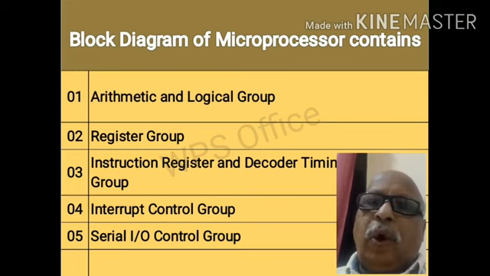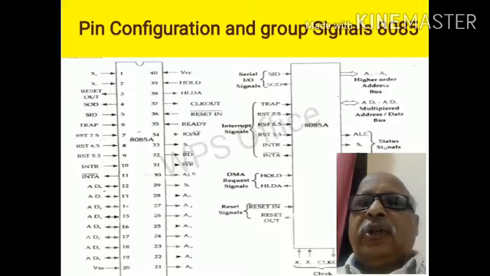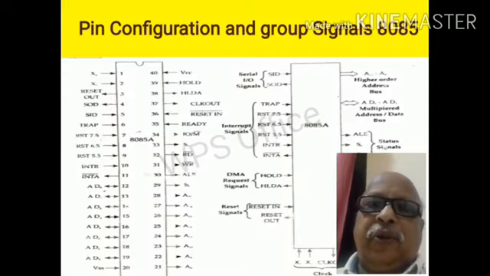So these are the main blocks of the microprocessor. Out of that, this figure shows the pin configuration and group signals of 8085.